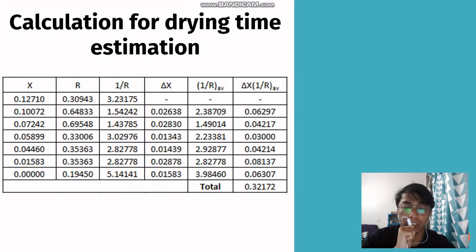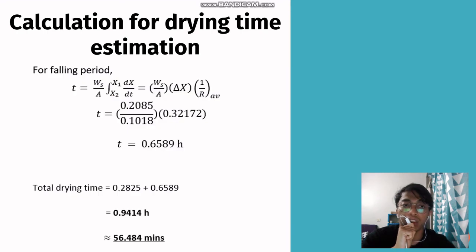Next, for the falling rate period, we need to determine lambda delta X times 1 over Rav, and we sum all the values that we obtain, and we get 0.32172. Then we can use the values obtained to calculate t for the falling rate period, and we get t equal to 0.6589 hour. We can calculate the total drying time, 0.2825 plus 0.6589, which is equal to 0.9414 hour, which is around 56 minutes.